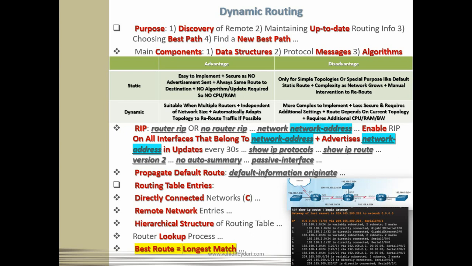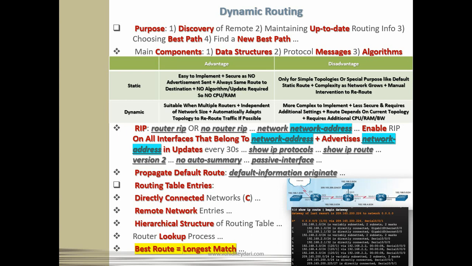For directly connected, it is indicated with a C, and with an L for local route, under the routing table. Also, you can verify the network address for the directly connected routes. Then the next piece of information is administrative distance or AD, telling you the trustworthiness of the route. The lower the AD, the better.